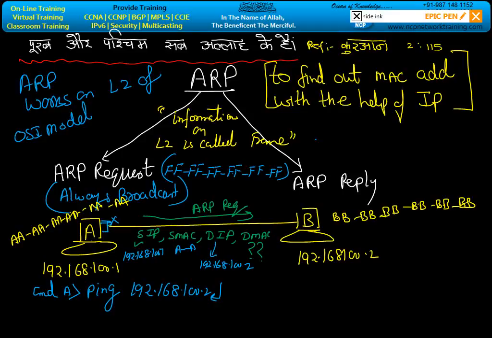Any information on layer 2 is called a frame. If a frame is received by a machine and the destination is FFFF 12 times, it means that information is for everybody.